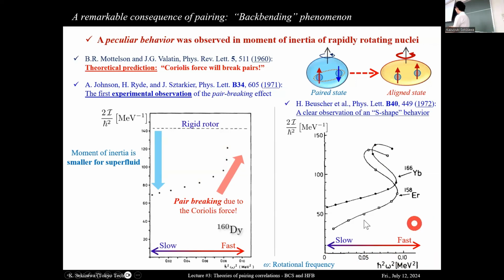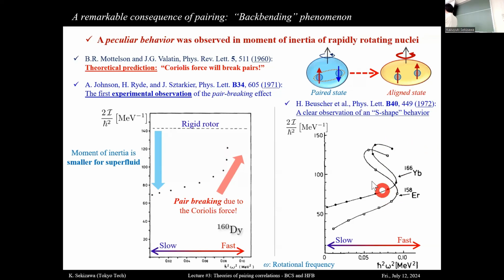After breaking of the Cooper pair, it shows some backbending, this S-shaped behavior. And this is a kind of transition between the superfluid state and the normal state.